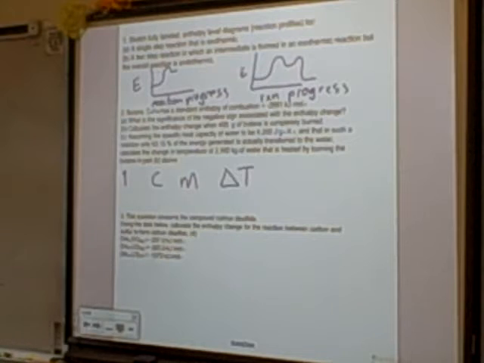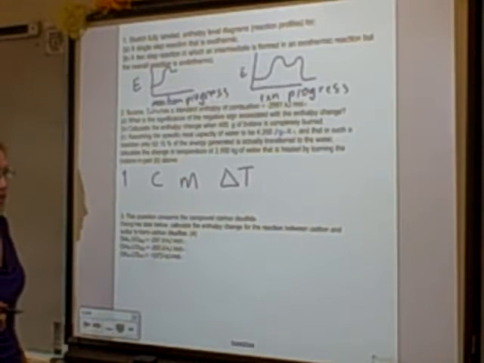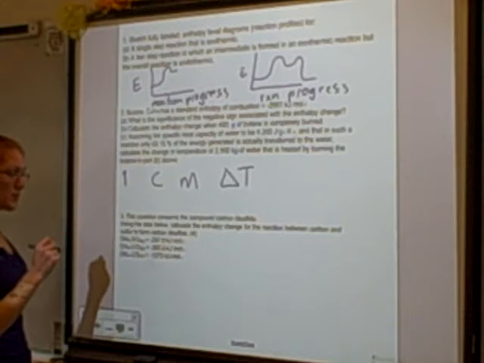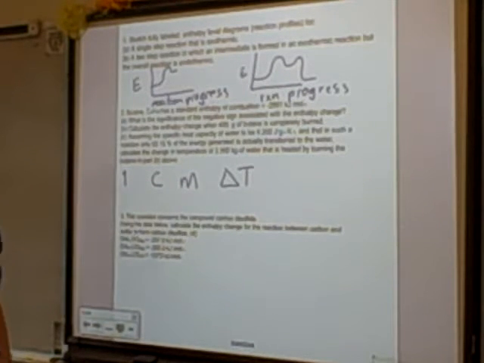This question concerns the compound carbon disulfide. Using the data below, calculate the enthalpy change for a reaction between carbon and sulfur to form carbon disulfide. Okay, so we know what our goal is.